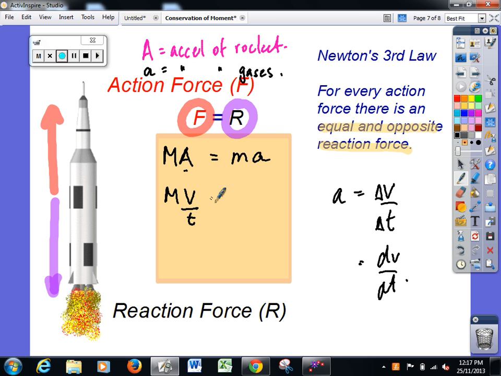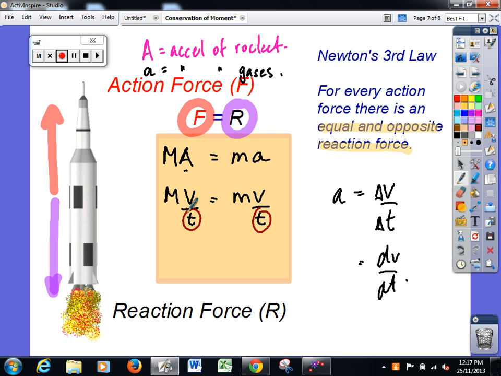Just hold that thought anyway. This is mass. What is this acceleration? It's the velocity divided by time. Velocity of what? Gas. What's the symbol for velocity of the gas? Lowercase v. Good. And it's t. But the important part is, whatever time unit I use over here has to be the same time unit over there. So 1 second, 1 second, 10 seconds, 10 seconds. It doesn't matter, it's the same time.